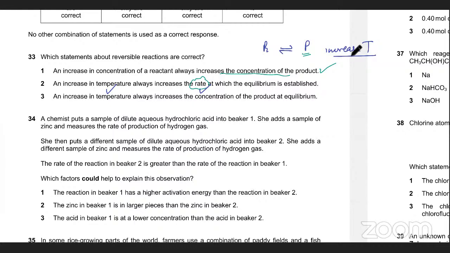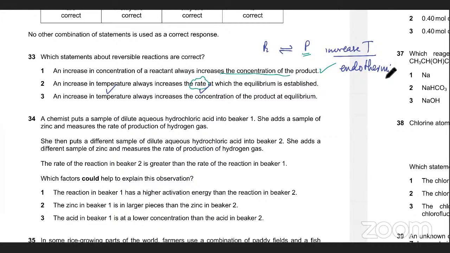Forward. And what was the rule for equilibrium? When you increase temperature, which reaction is favored? It's the endothermic reaction. The one that needs energy, that would speed up more. Is this clear? Yes, sir.